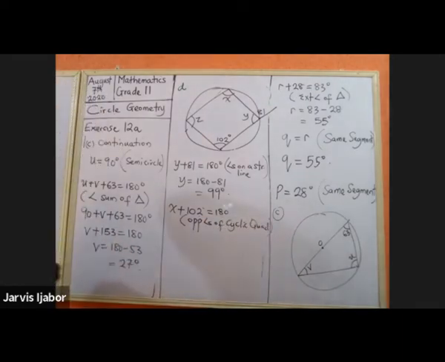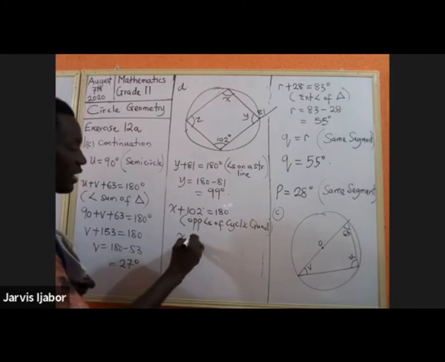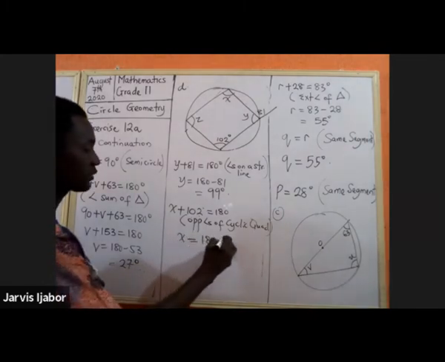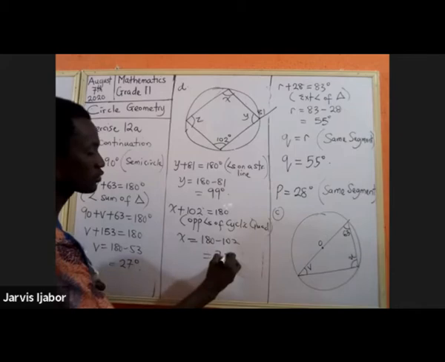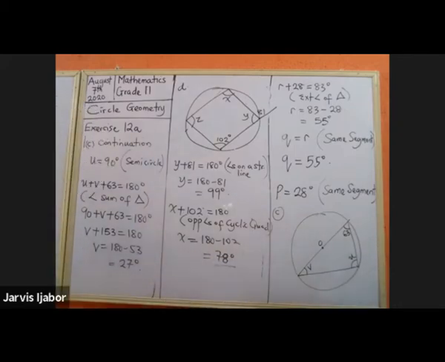Although some books will just tell you cyclic quad. Once you say cyclic quad, any examiner knows what you're talking about. So that will be X equal to 180 minus 102, and that will be 78 degrees.